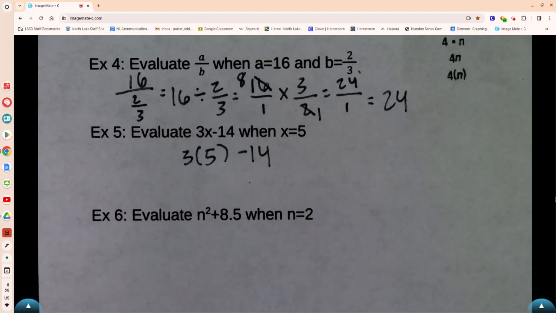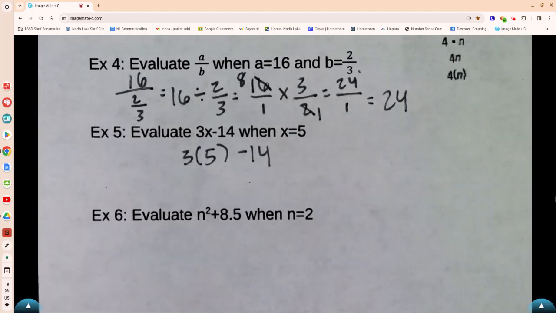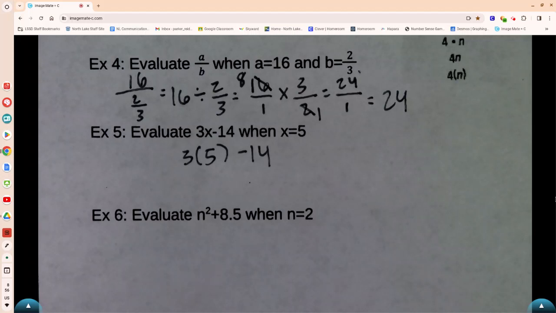This one's a little different because I have 2 operations I have to do. So I need to make sure I do it in GEMDAS order. According to GEMDAS, which part of this would I want to do first?